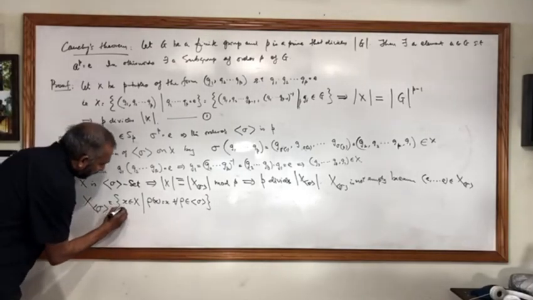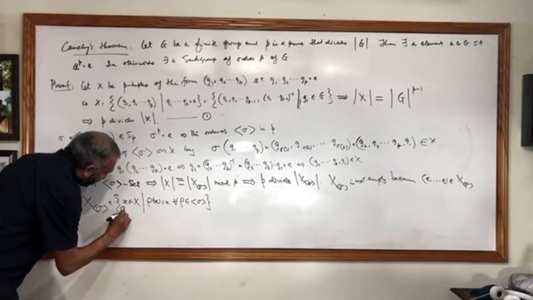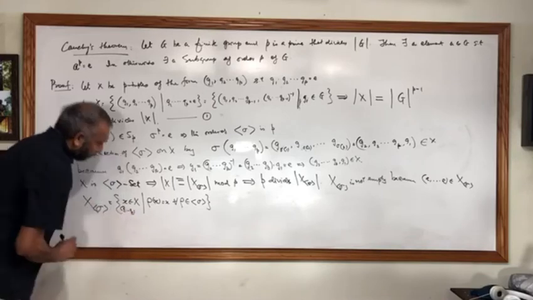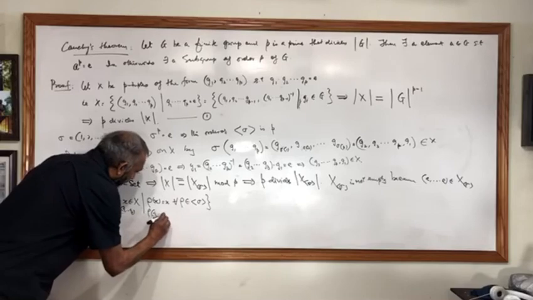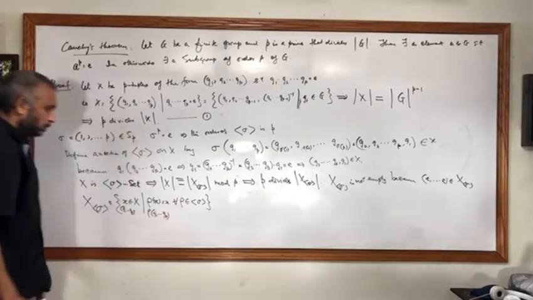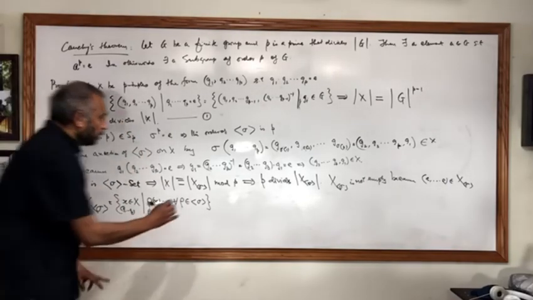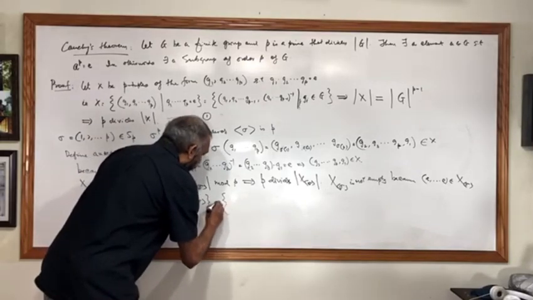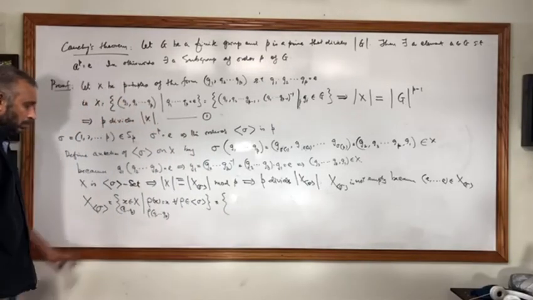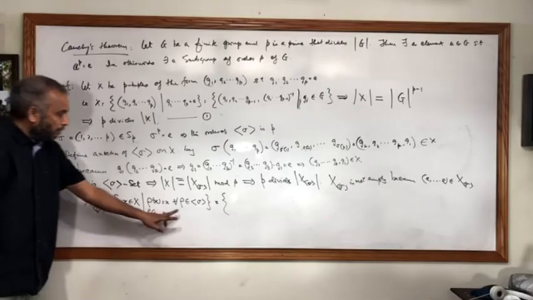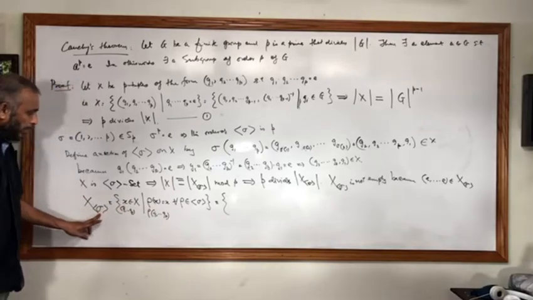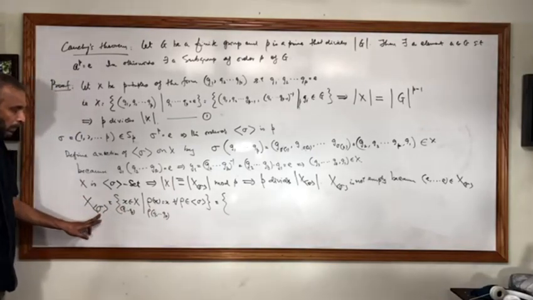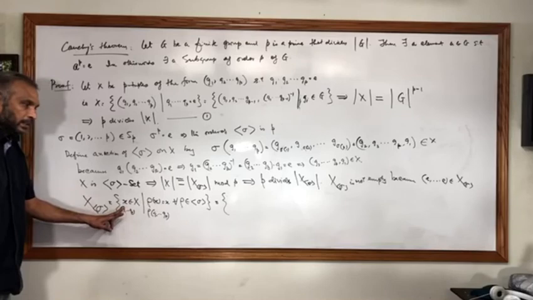This is actually our (g1, ..., gP), so this is actually rho of (g1, ..., gP). This is possible only when every rho in the subgroup fixes x.